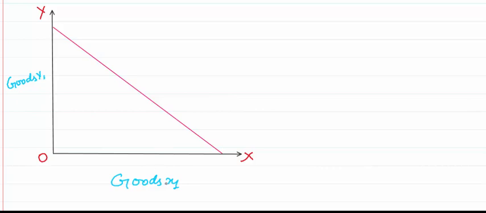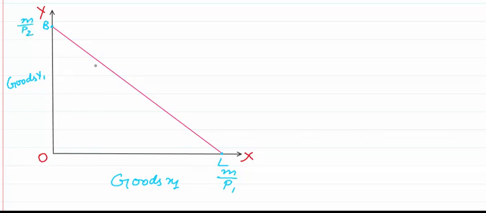The price of goods X1 be P1 and that of Y1 be P2. The intercept of the original budget line BL will be given by M by P1 on the x-axis and M by P2 on the y-axis.